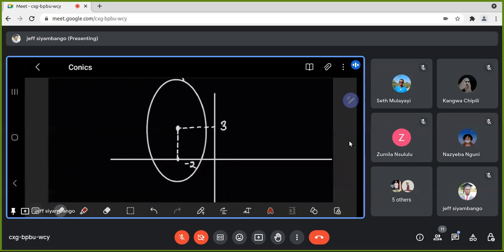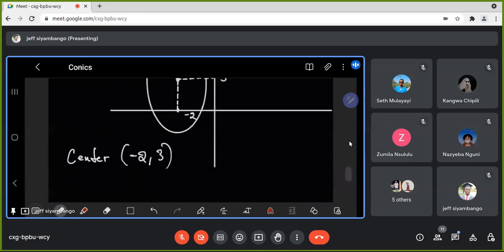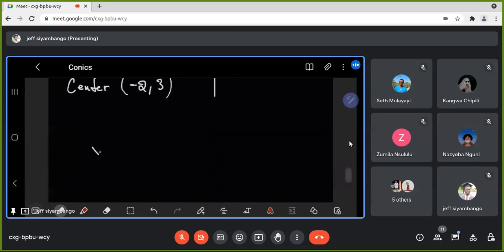So if the center is at -2, 3, this could have been given to us in a number of ways. We could have had x minus, since this is minus there, this has to be plus squared. Then we have plus y minus 3 squared is equal to 1.